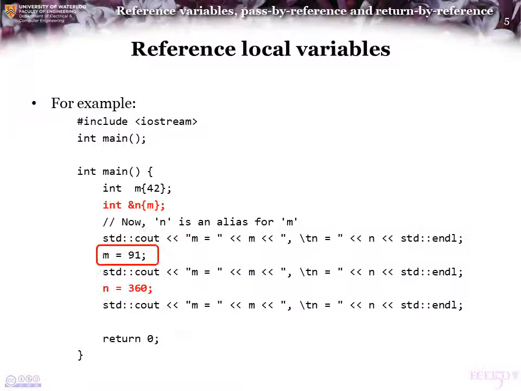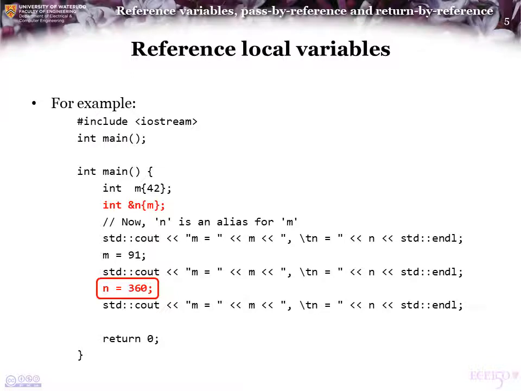Next, I'm going to assign m the value 91. Well, now n is just another name for m, and so both m and n should now have the value 91. In this case, I'm assigning to the reference variable, but again, n is just another name for m, so this also will assign to the local variable m the value 360.